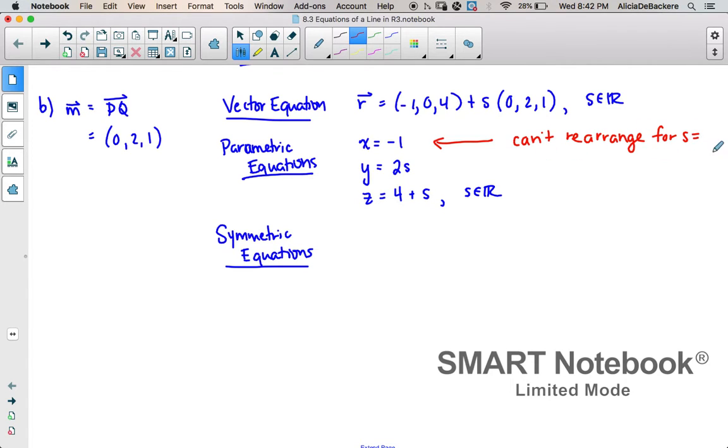Right? So I can't make it look like s equals some stuff. So what I'm going to do is just list this equation x equals -1 because it's just a rule. The x value is always -1 for this entire line. The x value is the same. So what I'm going to do is just list it at the end.